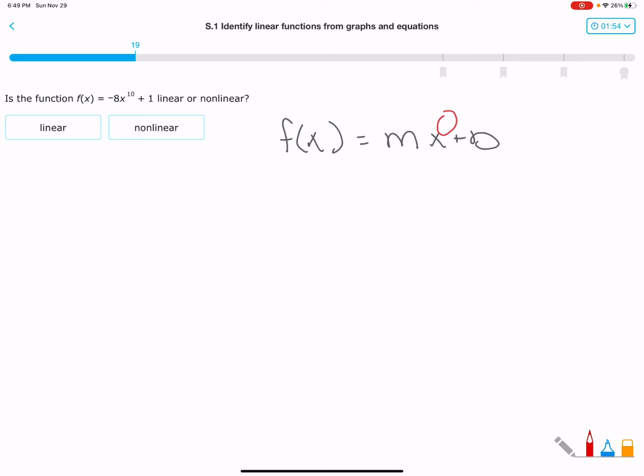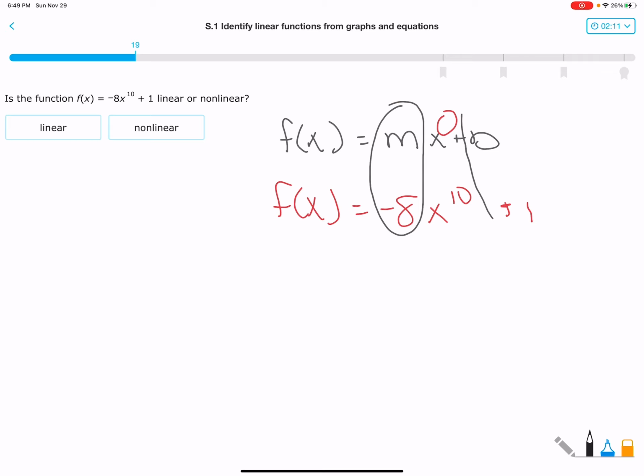So if we're looking at f of x equals negative 8x to the 10th plus 1, we know that the 8 is our m, the 1 is our b, but our x has to stay the same.